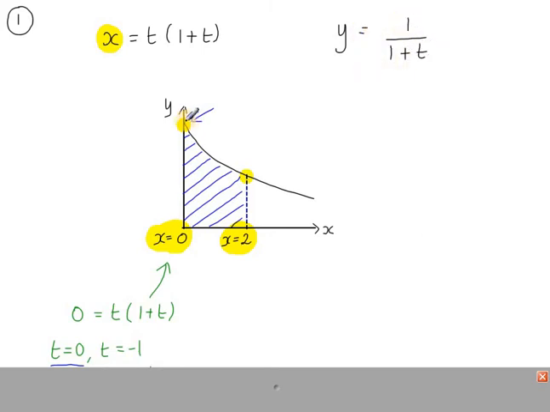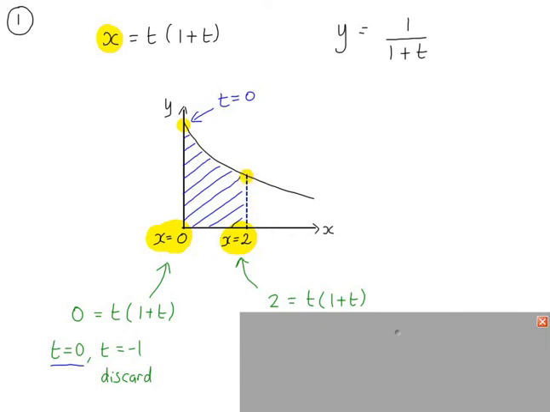That seems like a sensible value. If I put t equals minus 1 in here, the denominator becomes 0, so I've got 1 divided by 0, which is undefined. This suggests a finite value, not something undefined. So t equals 0 is the correct value for the parameter at this point.